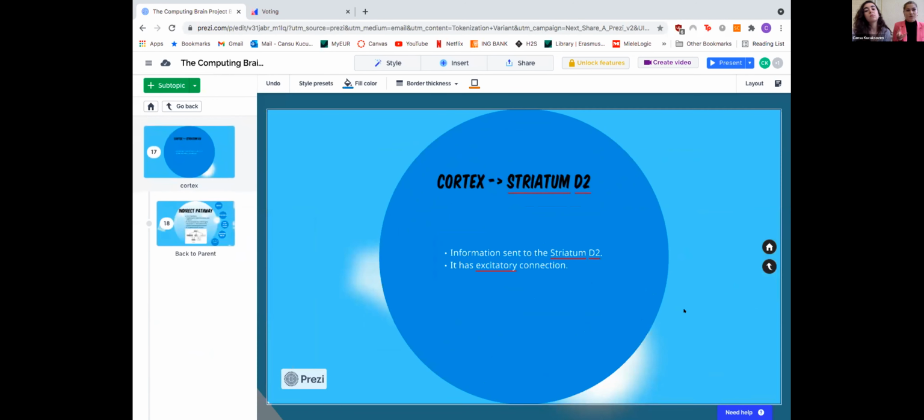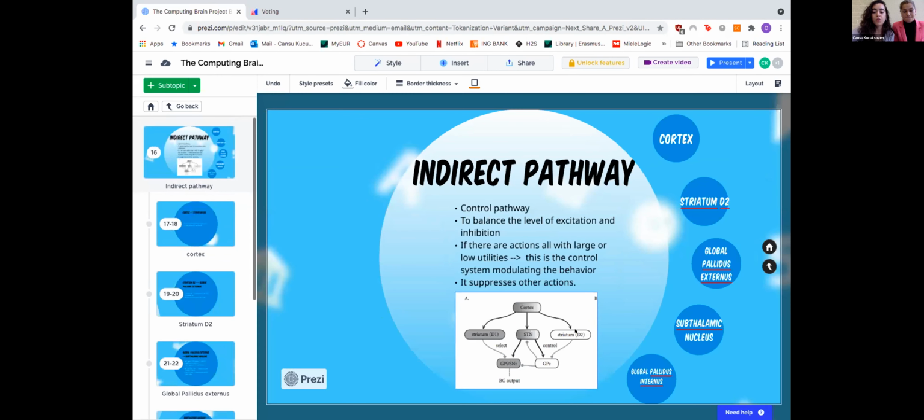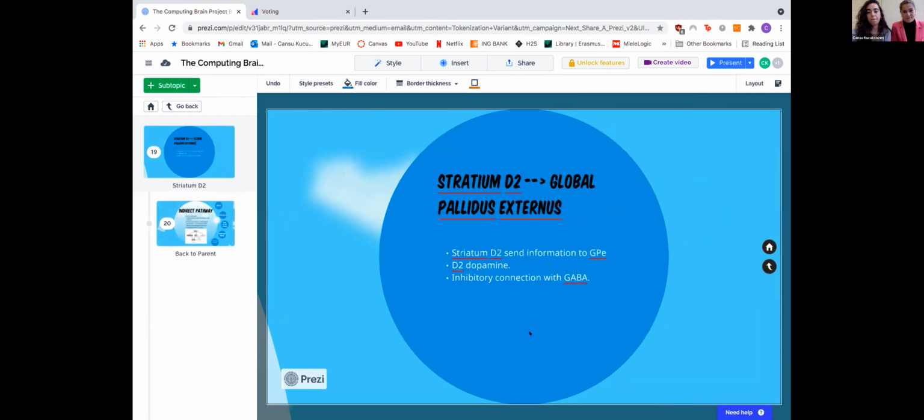It starts again in the cortex, and now from the cortex, it goes to the striatum D2. That's the other part of the striatum, and it's an excitatory connection. Yeah, and we're now here, and then we'll move on to its inhibitory connection to the GPE.